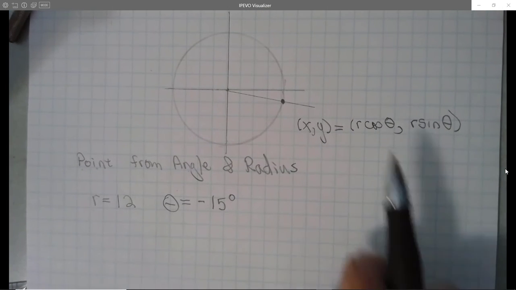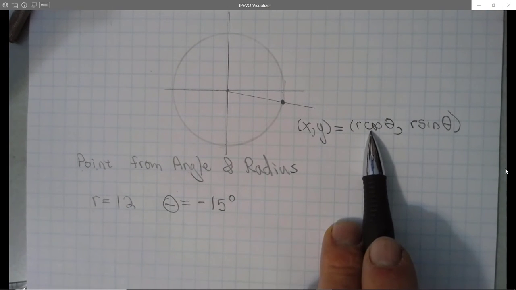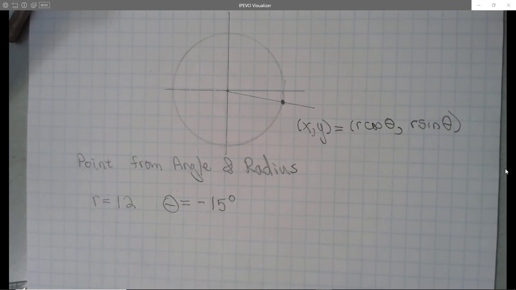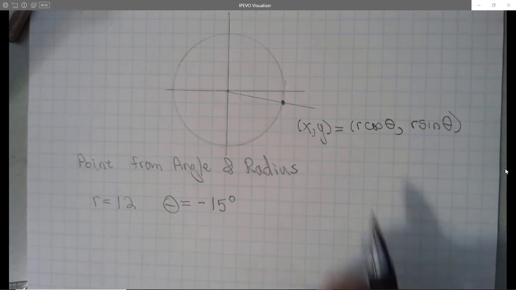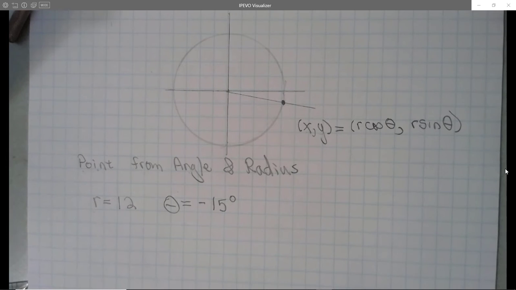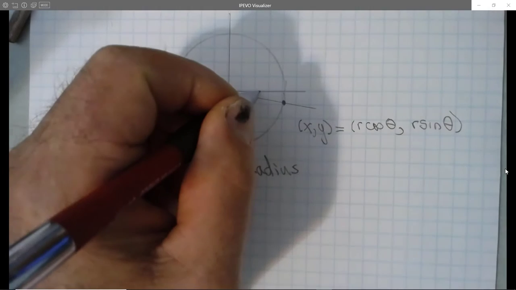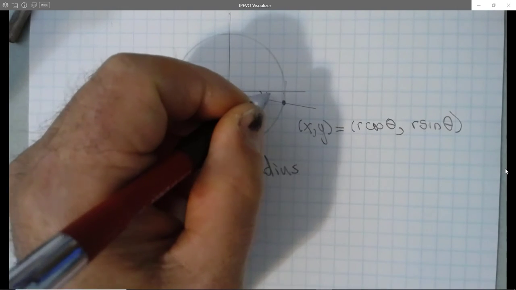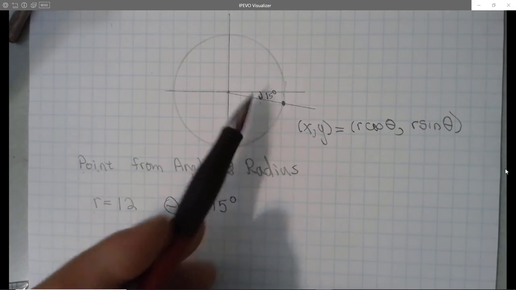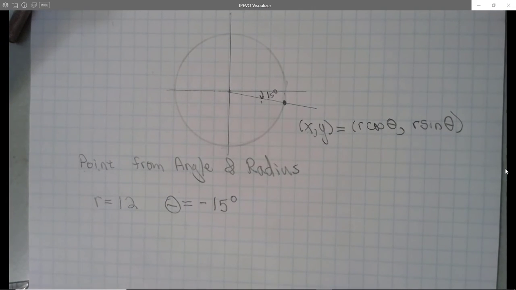And in this case, the plus or minusness, that sign of the cosine and the sine functions, are actually going to be quite helpful to us because they will produce the signs of x and y quite nicely. All right, so we know that our angle is down in here, 15 degrees rotated downward from the axis.